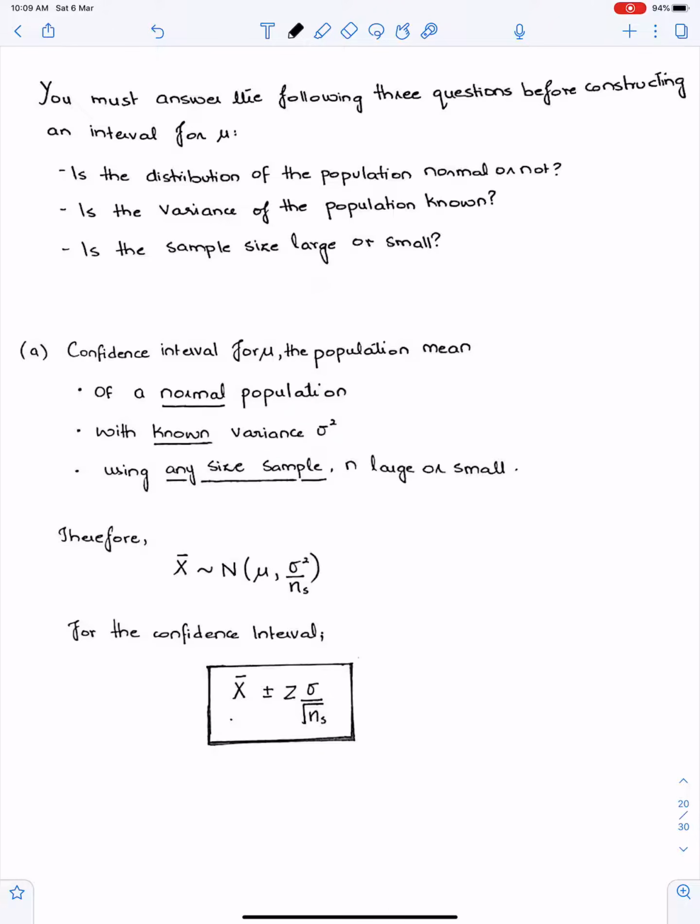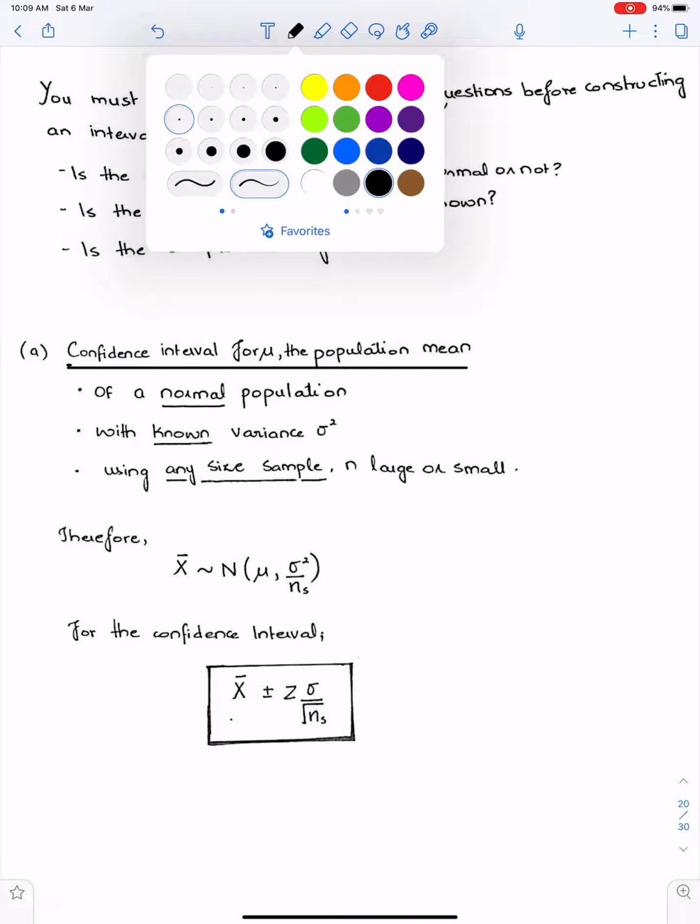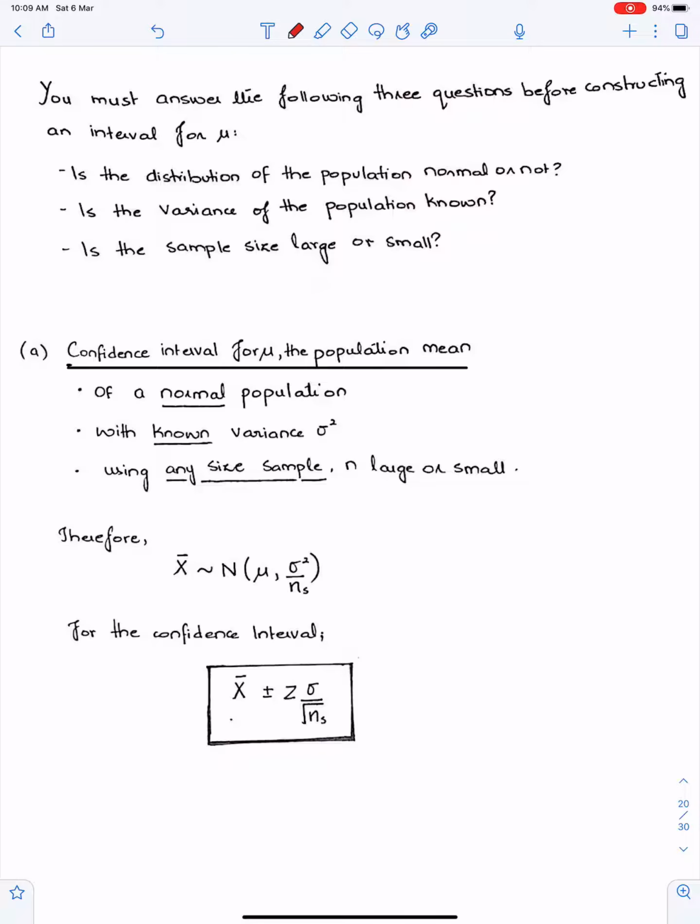Case one is confidence interval. Now this is very important. Pay your full attention here. Now we are working for confidence interval of mu, the population mean. Number one, the given information is the population is normal, variance is known, and any sample size. Now two things.